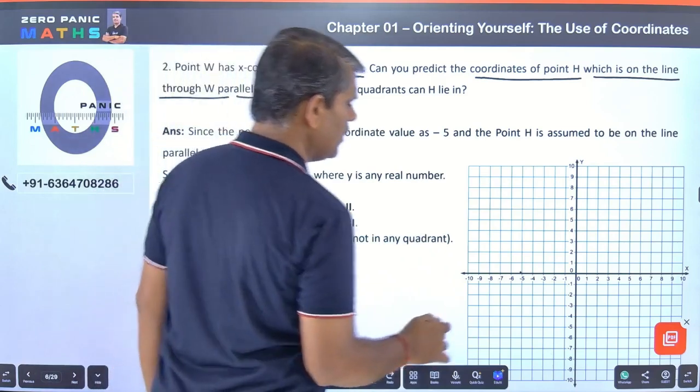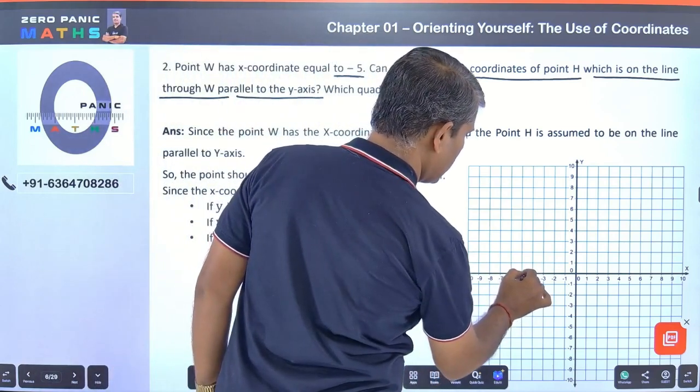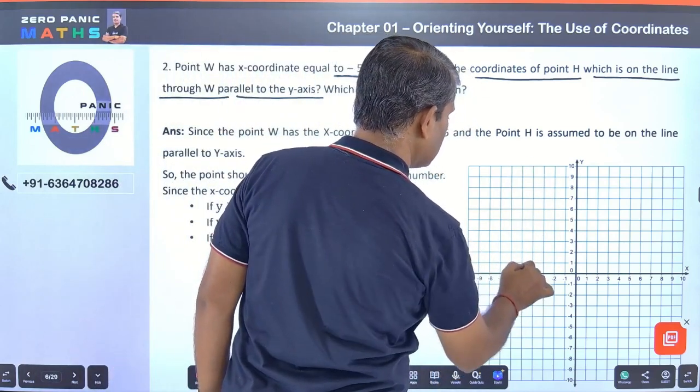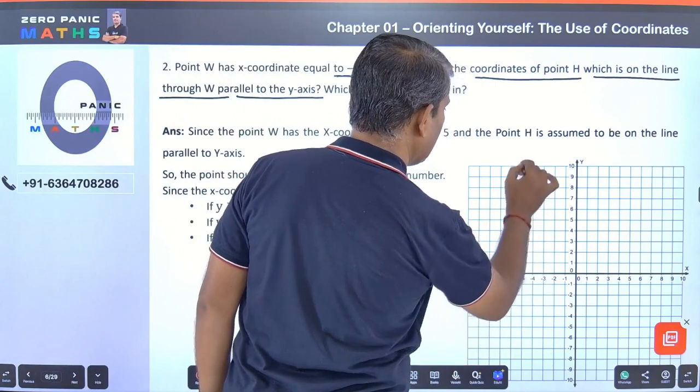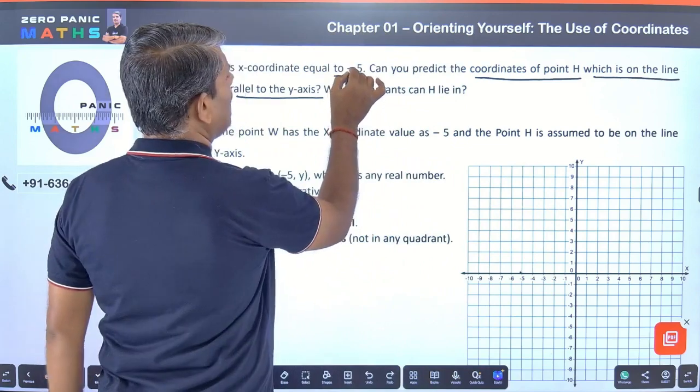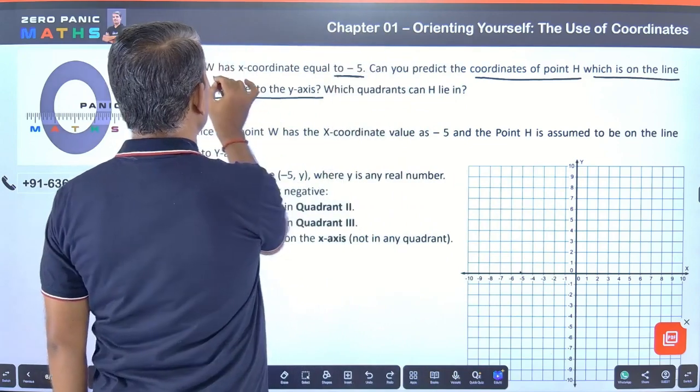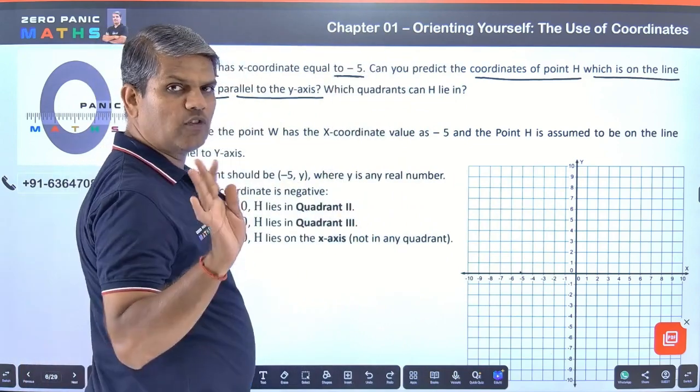Here they have not given the y coordinate of W, only the x coordinate, which is -5.